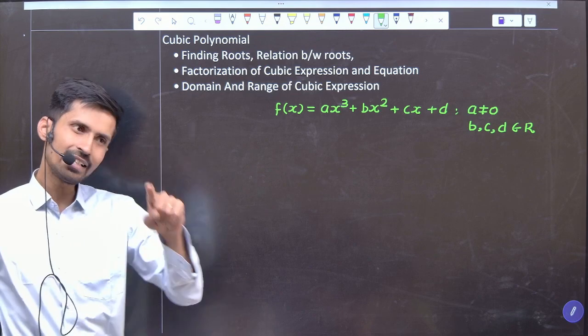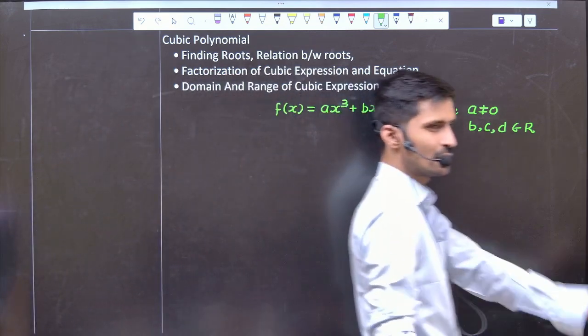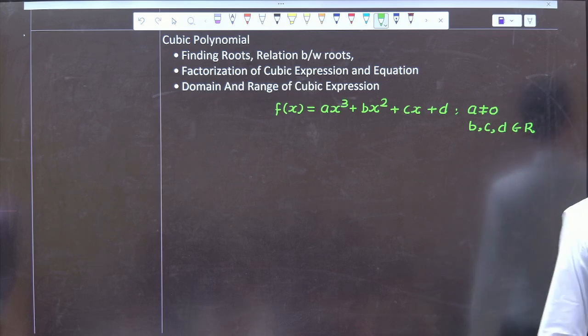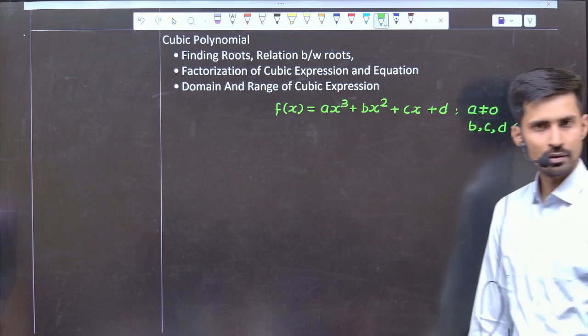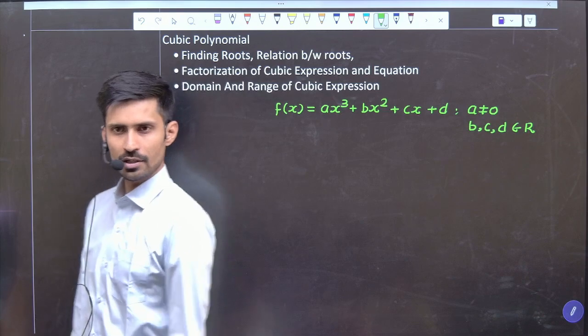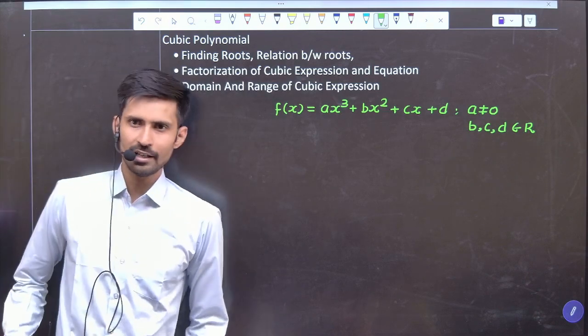It means b, c, d can be 0, but a cannot be 0.